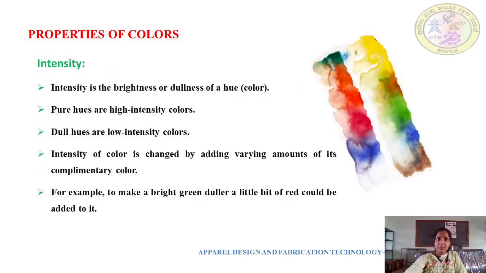Next is intensity. Intensity is nothing but adding richness, dullness or brightness to the original hue. Pure hues are high intensity colors. The hues which are available naturally, for example red, yellow and blue, the primary colors, have more pure intensity.